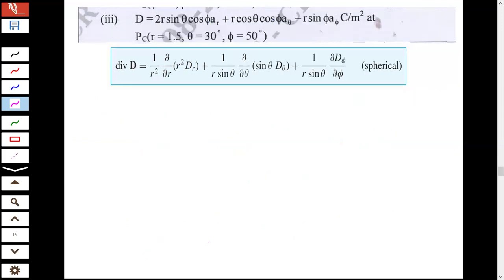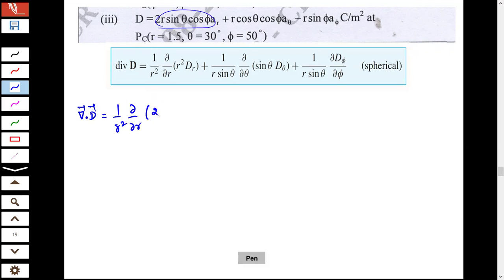Next, we can solve the third subdivision, which is in spherical system of coordinates. So the divergence can be found by taking the formula, which is 1 by r squared dou by dou r of r square into r component of D, that is 2 r sine theta cos phi.